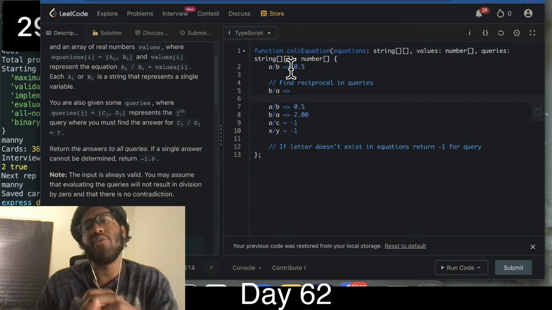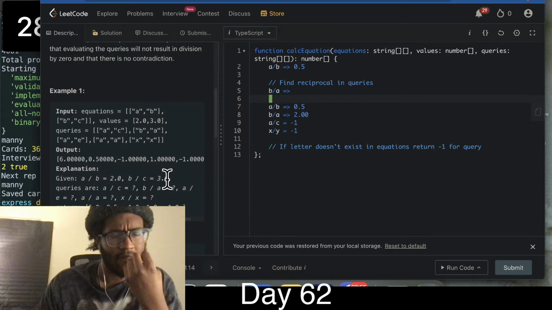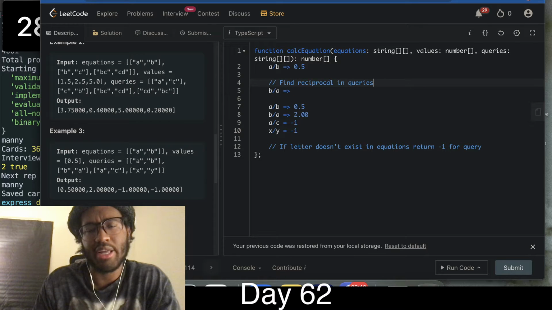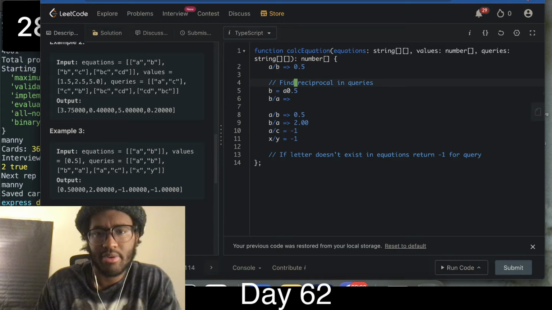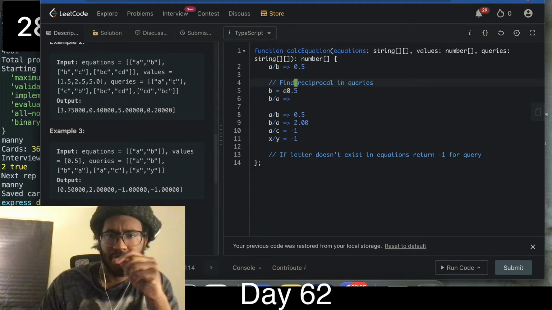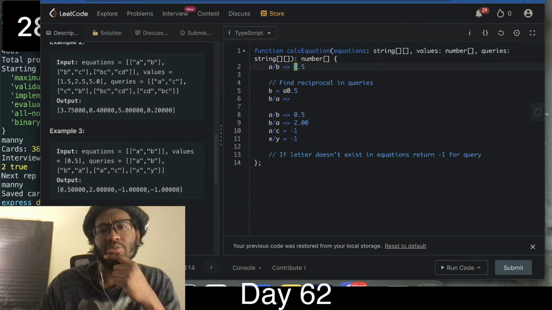What if we know that A over B exists, and we can rewrite it as B is equal to A times 0.5.